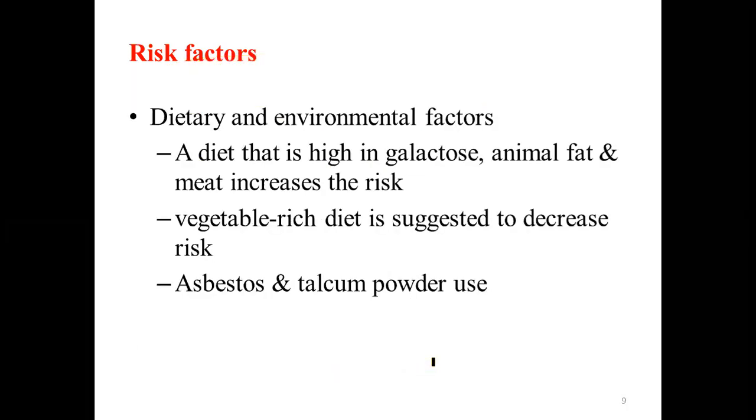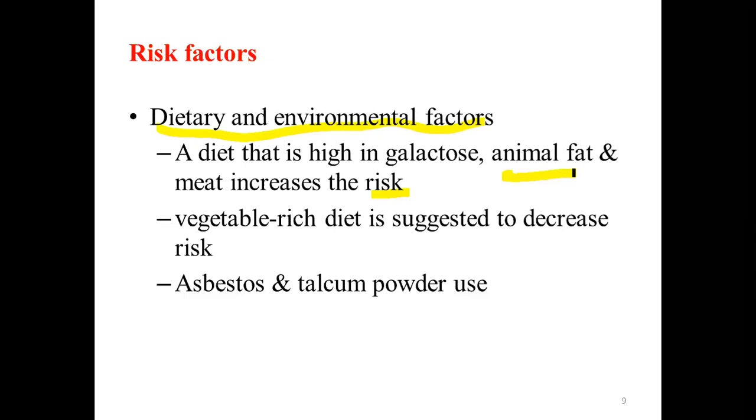Then, apart from that, there is a possibility of some association with dietary and environmental factors. A diet rich in high galactose animal fat may increase the risk. I don't know about the real connection, but if someone is eating animal fat and meat frequently for a long period of time, there is an increased risk of ovarian cancer.